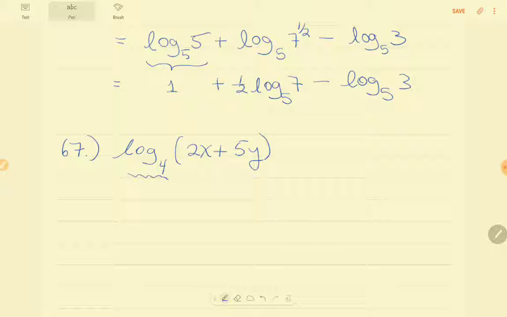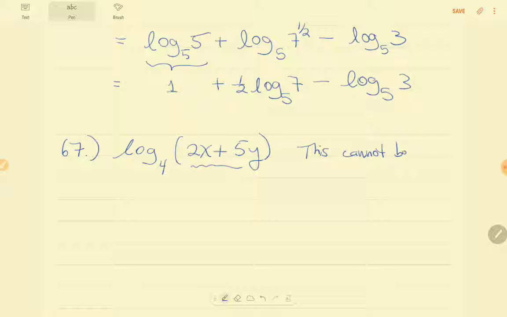We cannot condense this into a product. It's not the right form. And there's actually not much we can do with this. There's no way to simplify this. It is what it is. And that would be your answer. Your answer would be, this cannot be simplified.